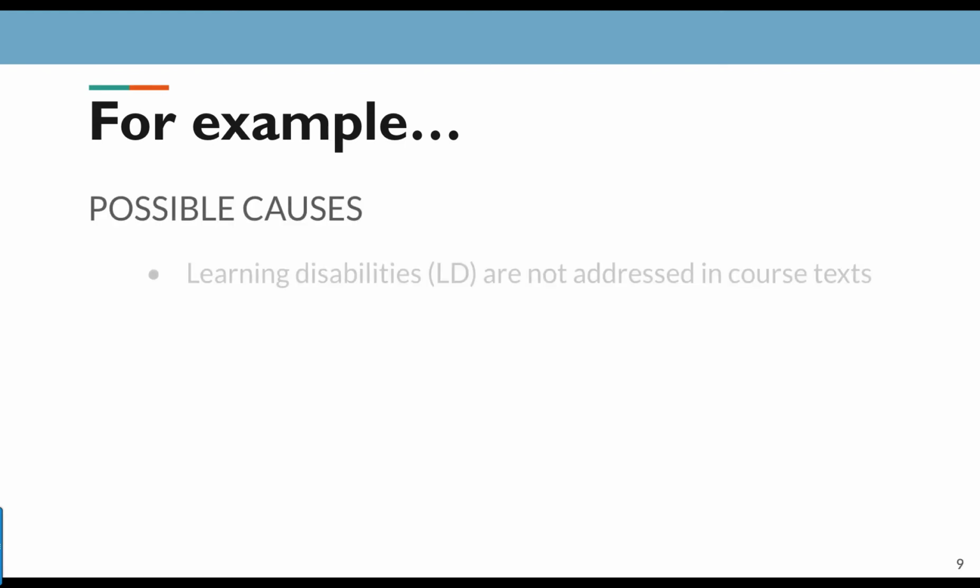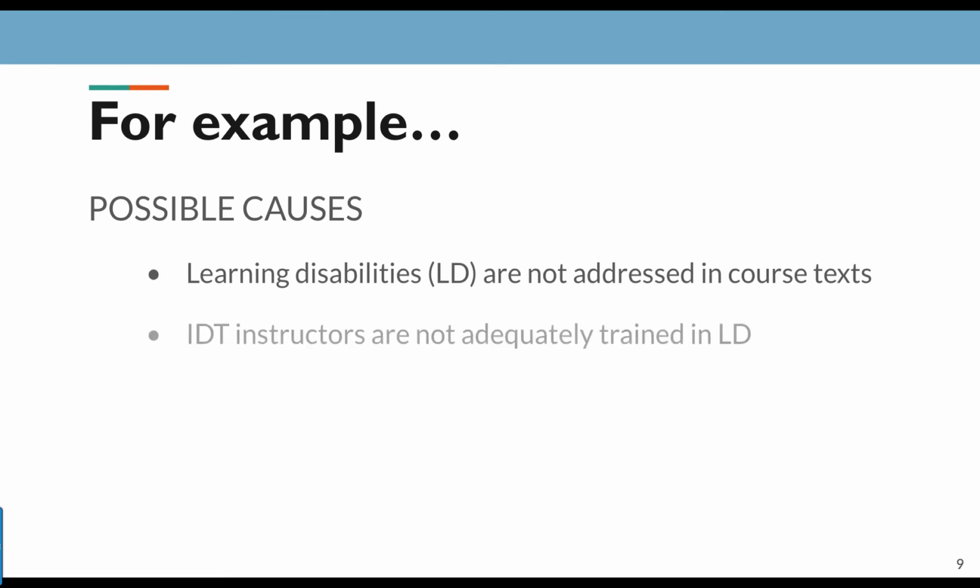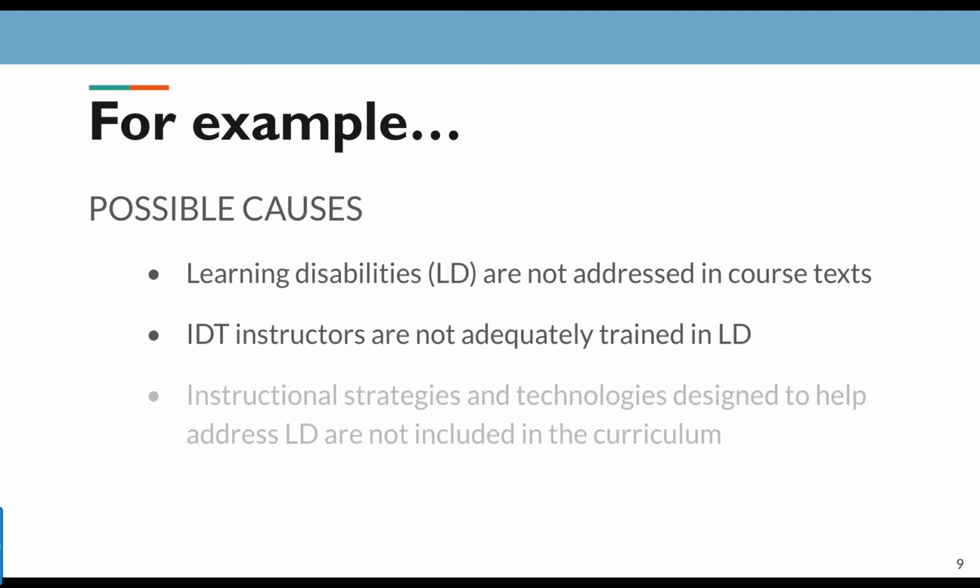Here are some more examples. Possible causes. The learning disabilities are not addressed in course texts. The instructors are not adequately trained in how to teach about learning disabilities and how to address those.